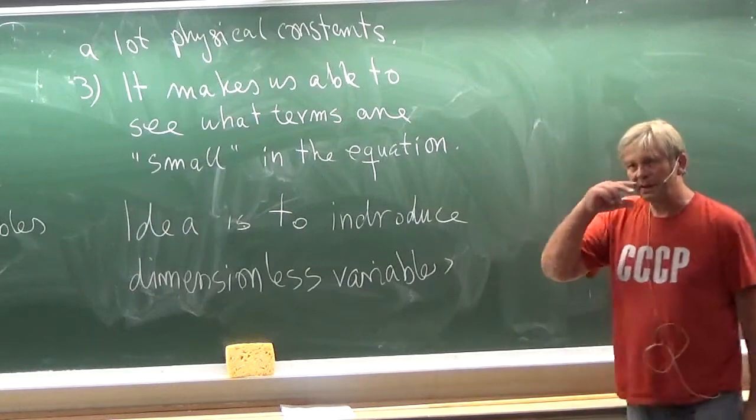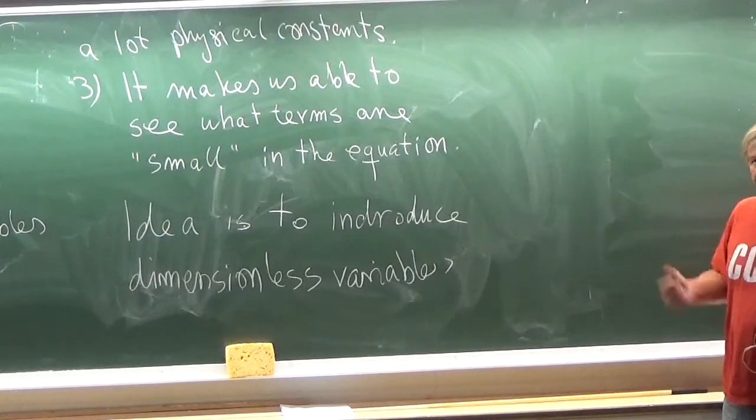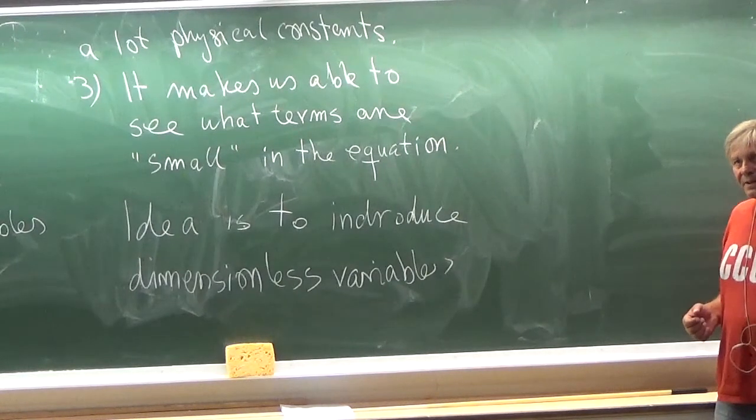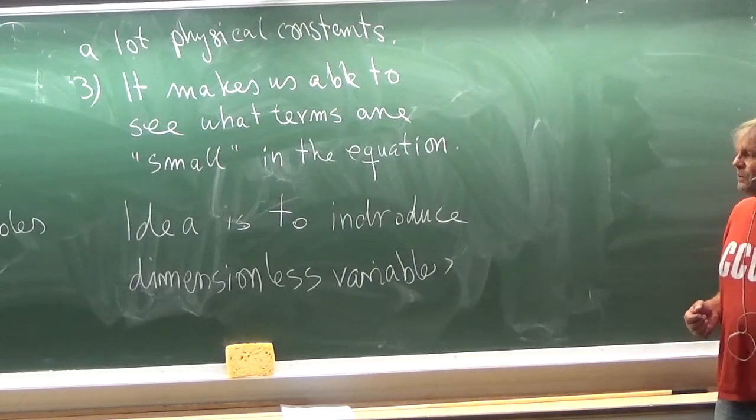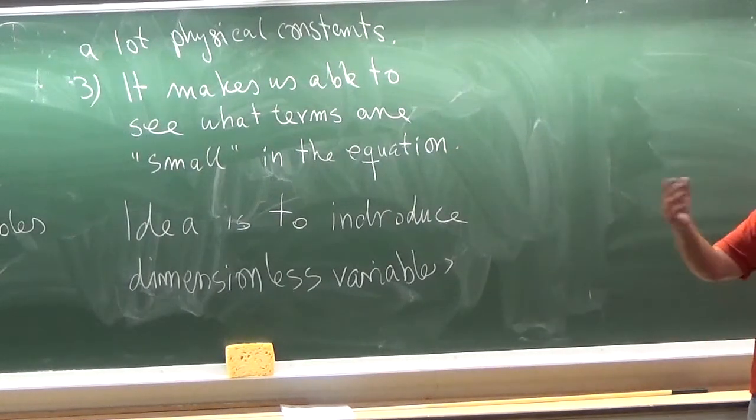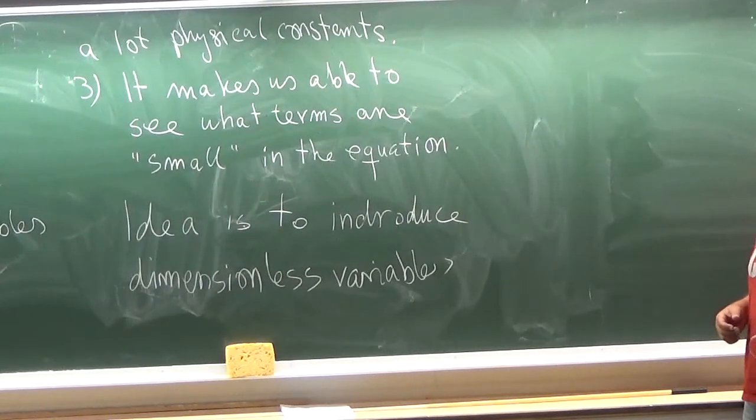It's also nice for numerics, because in numerics you discretize your equation, but if you do it directly on the equation, something that seems to be small here is really big there or whatever. But when we have it dimensionless, we are much better suited to know that the numerics will do the right thing for us too.